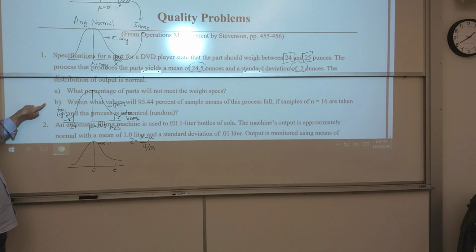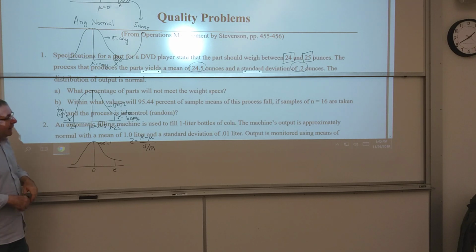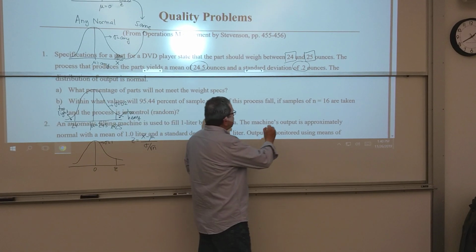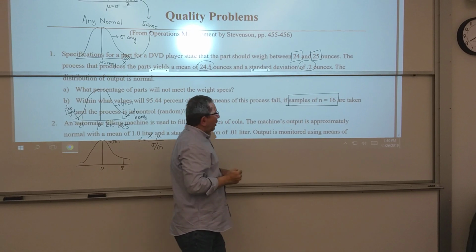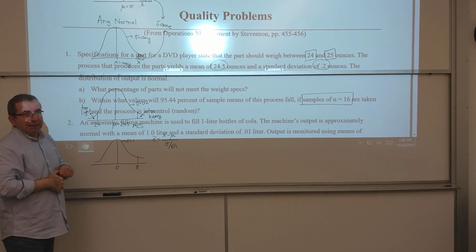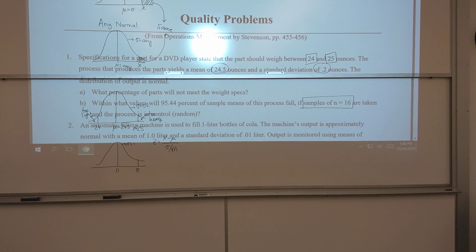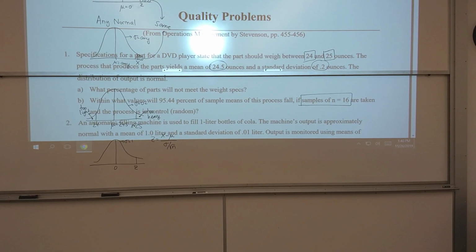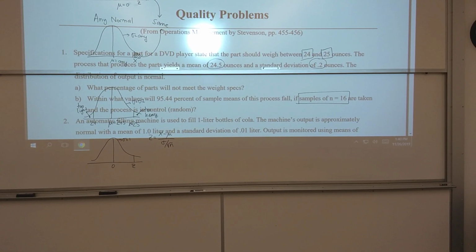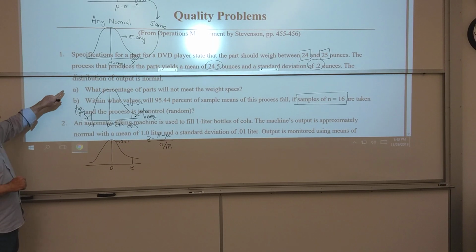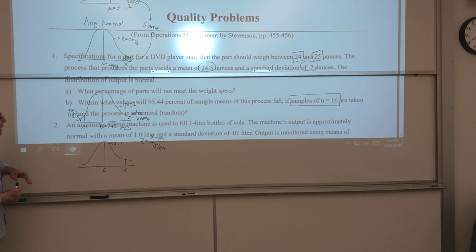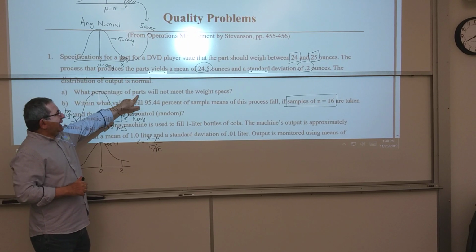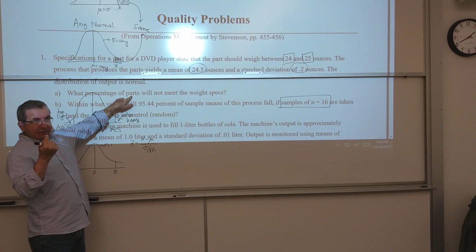In part B, we have a sample. It says we have this sample of size 16. But that's for part B. In part A, we don't have samples. We are measuring individual parts.